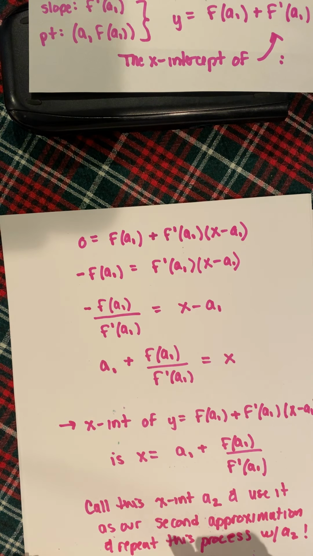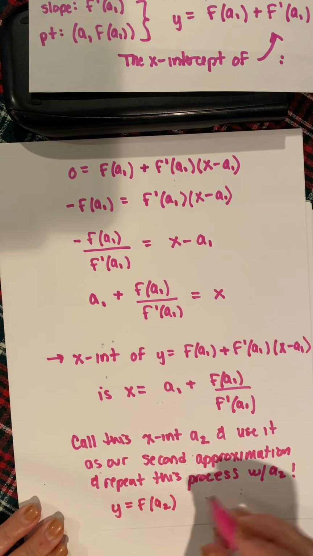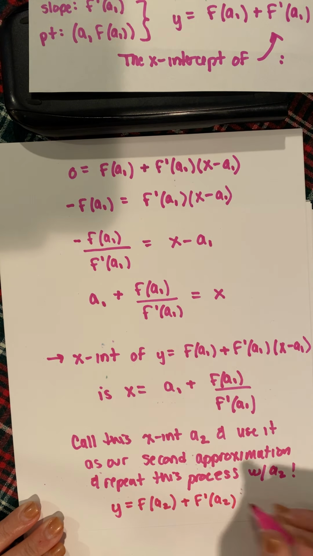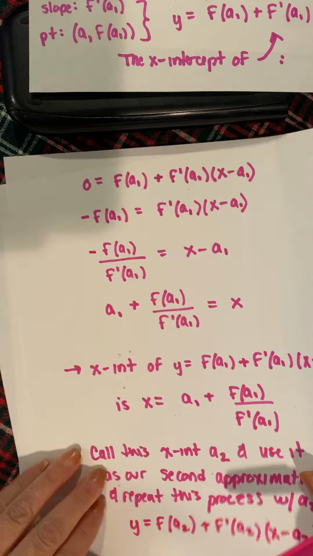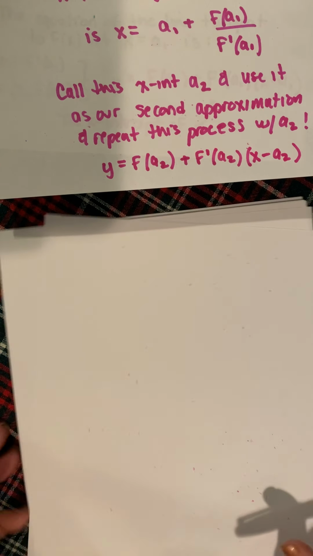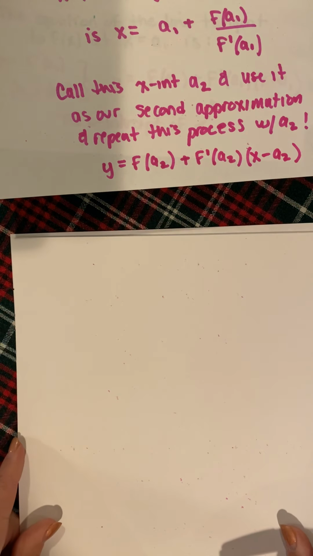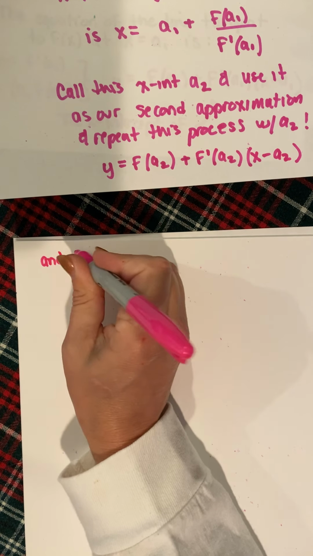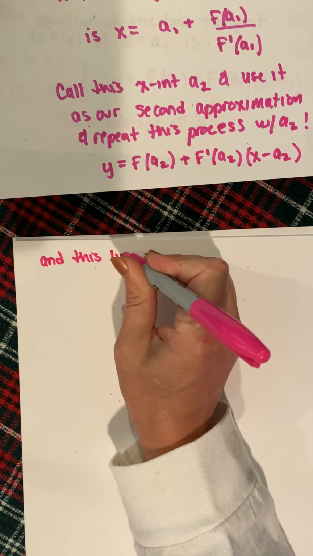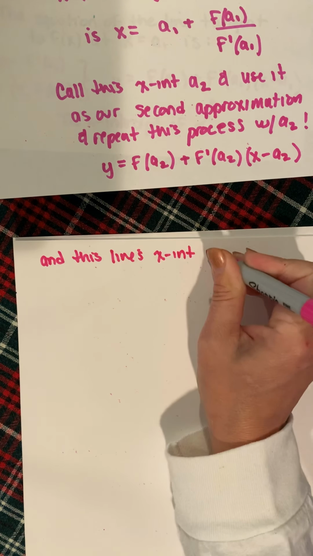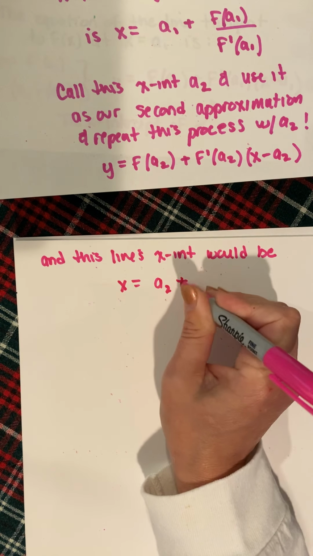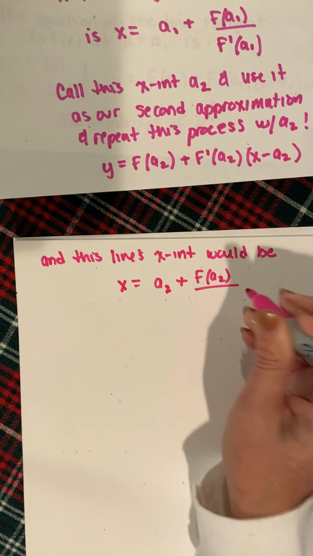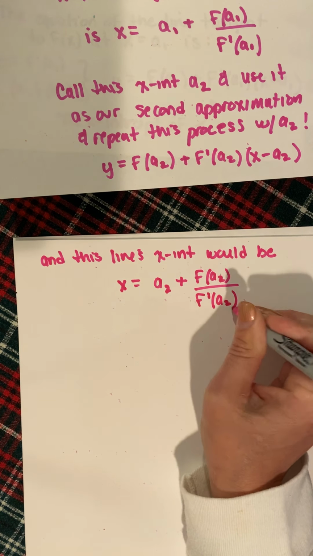The tangent line at a2 would be f of a2 plus f prime of a2 times x minus a2, and this line's x-intercept would be x equal to a2 plus f of a2 all over f prime of a2.